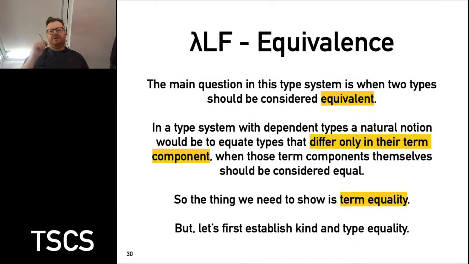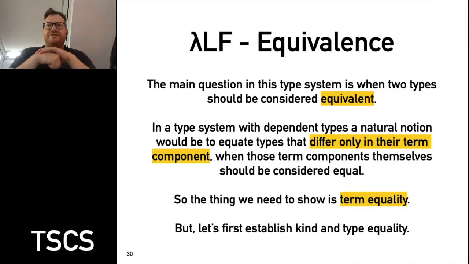Okay. One thing that we didn't touch here is now equivalence. So the main question in these type systems is when two types should be considered equivalent. In a type system with dependent types, a very natural notion is to equate types that differ only in their term component when those term components themselves should be considered equal.